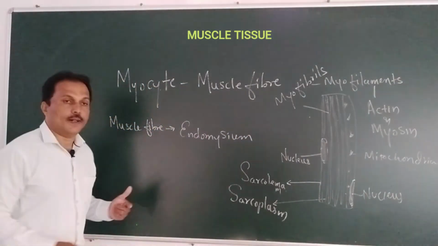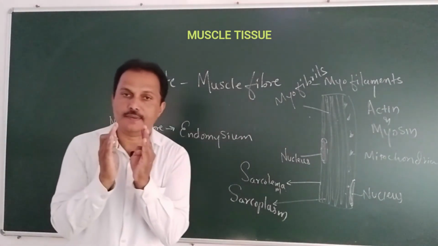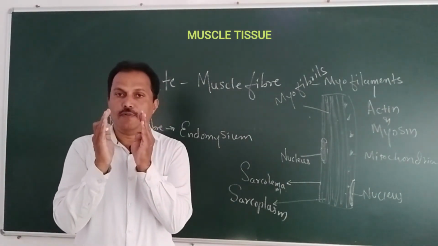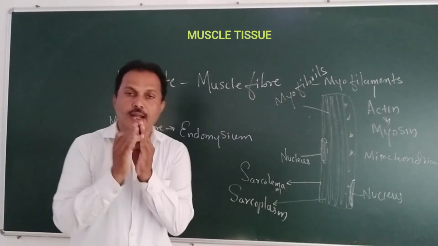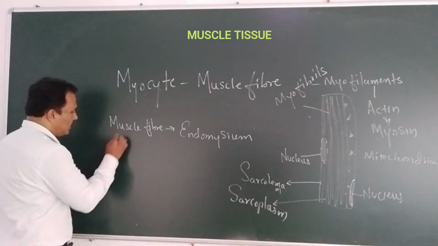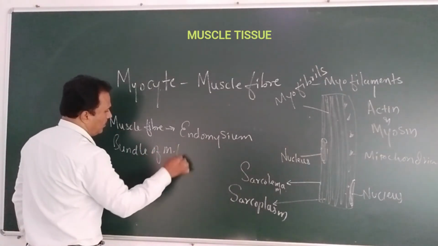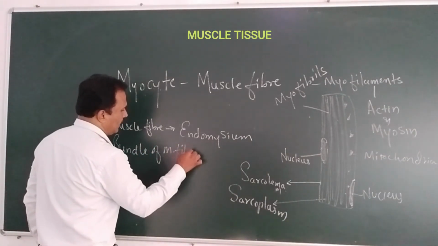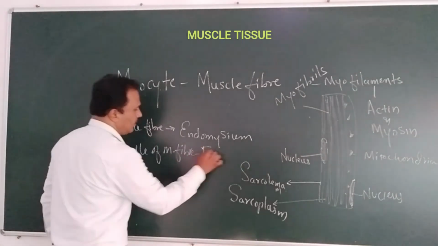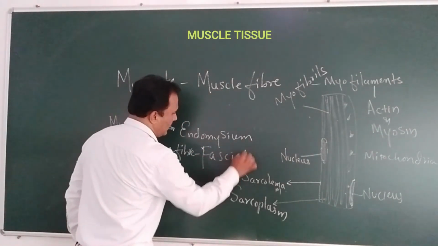These muscle fibers form one bundle, and that bundle of muscle fibers is known as fascicle.